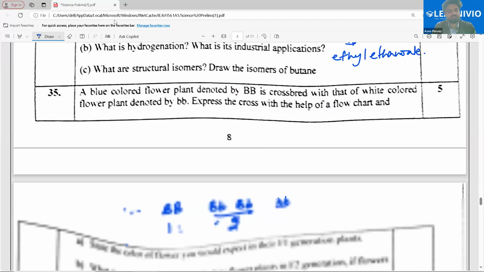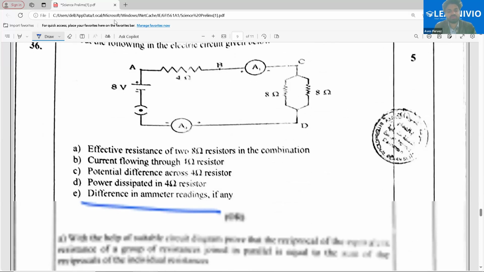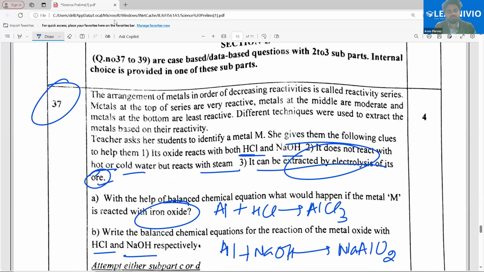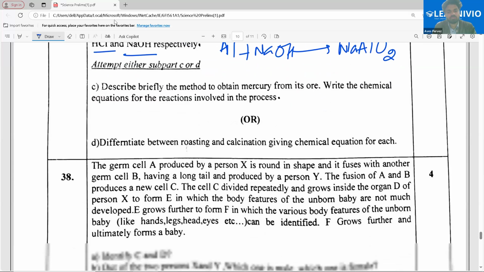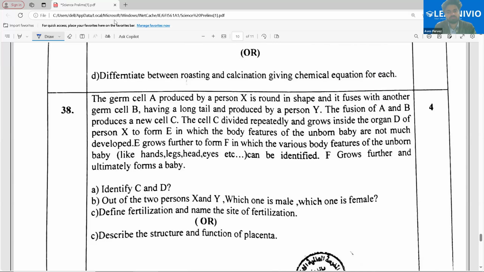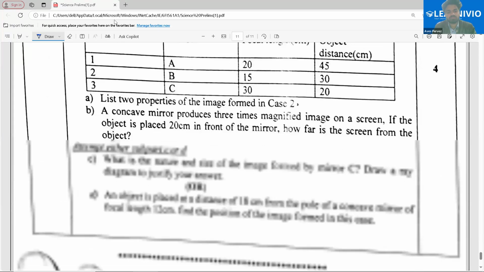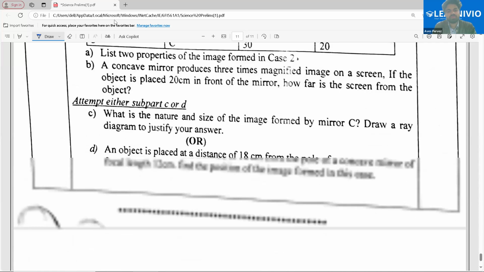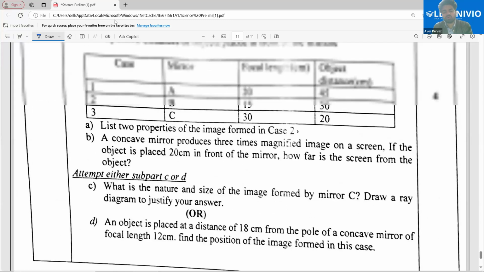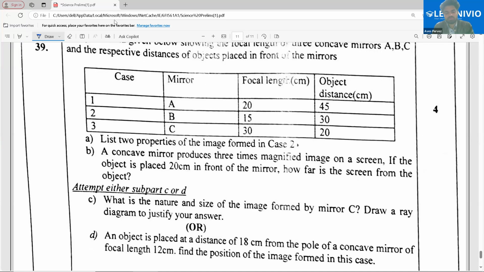Was the question easy, tough? Maha, how much are you expecting that you are going to score in this one? Like above 65, maybe out of 80. Not sure. Is there any question that you think is difficult for you? Like 25 वाले का A part.